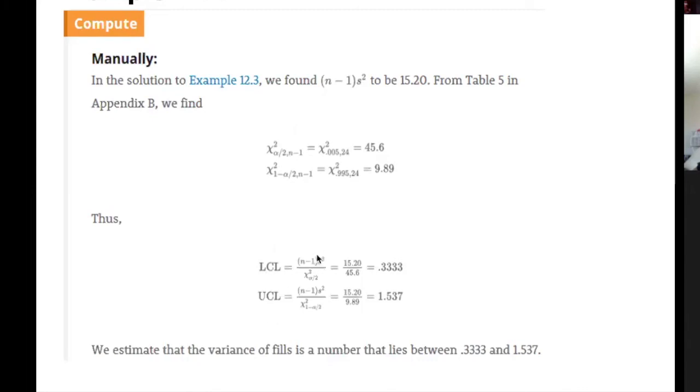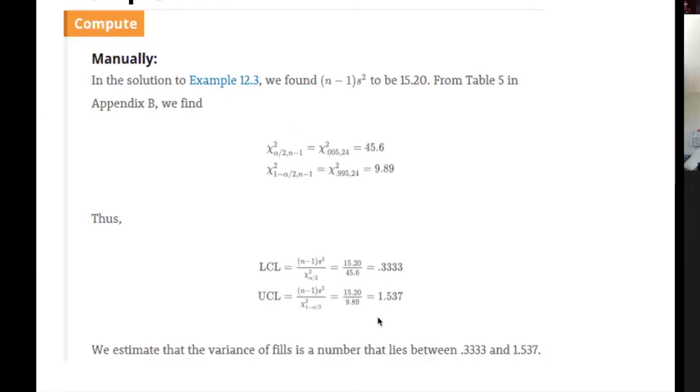So this is 0.633333. You multiply it with 25 minus 1, which is 24. And if you do the math, it's going to be 15.2. You divide it by that chi-squared value that we calculated, so it's 0.33333. Okay, that's the lower confidence level. Same calculation for the upper confidence level, we get 1.537.